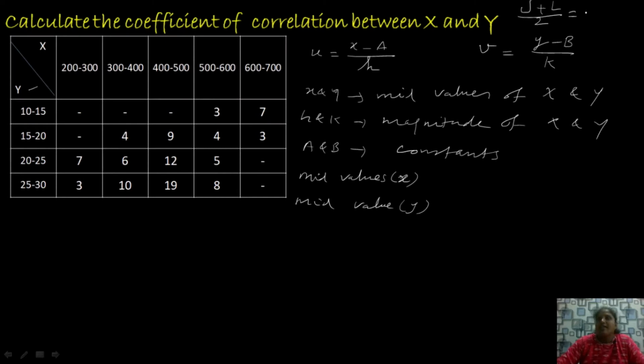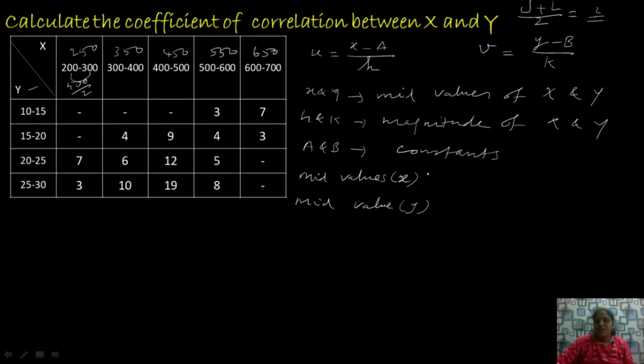For example, 200 plus 300 is 500. When you divide 500 by 2, you get 250, which is the middle value of the class interval. For 300 to 400 it is 350, then 450, 550, and for the last class interval 650.